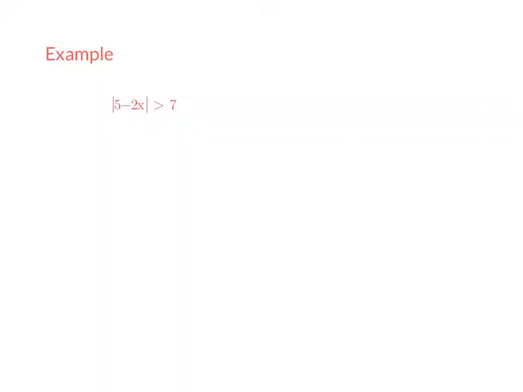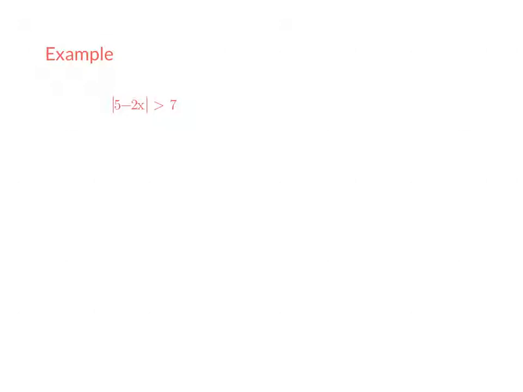So let's say we have something like this for absolute value. Let's say we have the absolute value of 5 minus 2x is greater than 7. How do we go about addressing this? Again, remember that what's inside the absolute value could be positive or it could be negative. Well, this is going to end up being not the compound inequality like we had before.